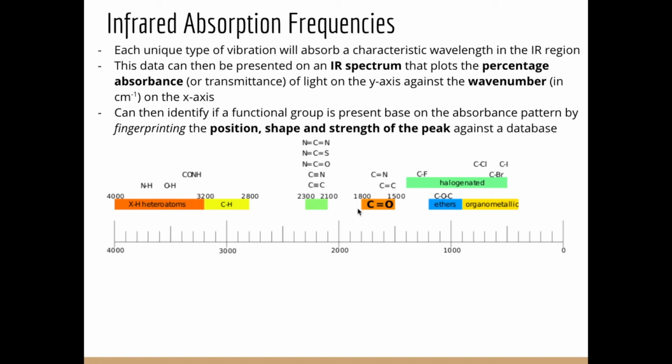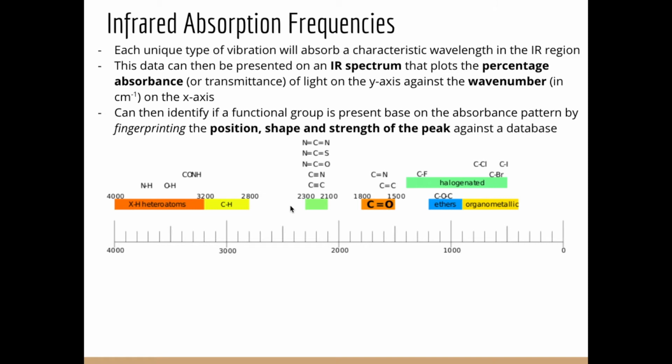Our ethers are around there, our carbonyls around here, our alkenes, our C double bond C. There's a bunch of carbon-nitrogen, carbon-sulfur, and carbon triple bond carbon there, and then the alkanes, amides, hydroxides, amines, etc., etc.